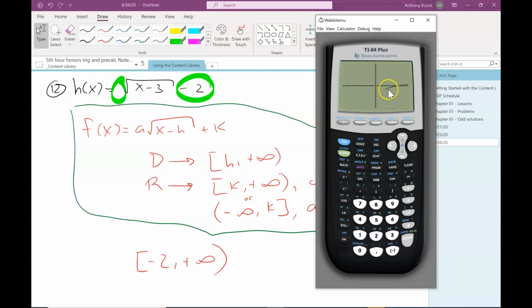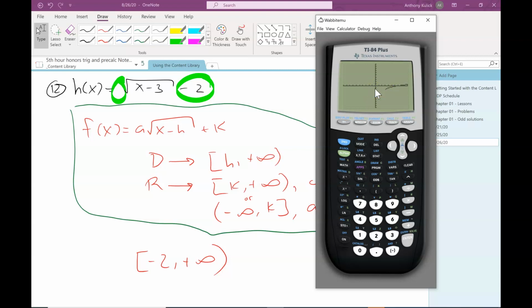And so here's my graph. I notice that it's increasing the whole way, right? As I move along the curve, it's getting bigger. So that tells me it's going to positive infinity. That'll be the upper bound. And then I just want to identify the lowest point on this graph, which is right here. If I trace that over, that would be at -2 as the y coordinate.